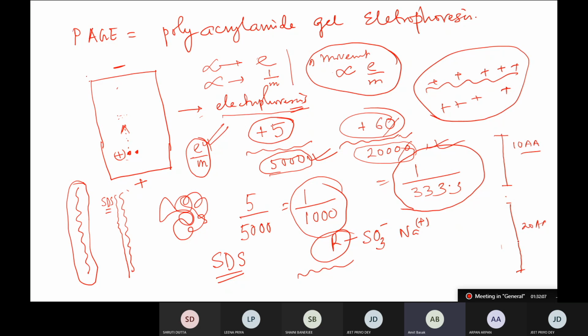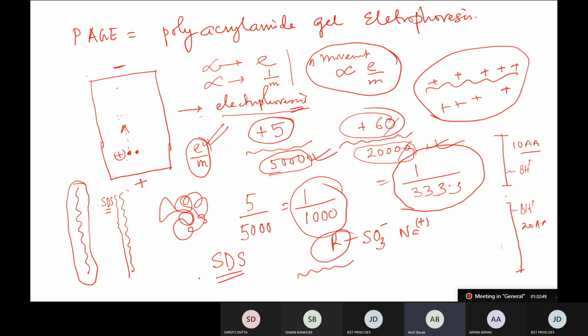It all depends on how many basic or acidic amino acids you have in the peptide. Suppose each peptide has only one basic amino acid, present as BH plus, only one positive charge. So the total E by M value will be very low, and their movement will be very slow under these electrophoretic conditions.